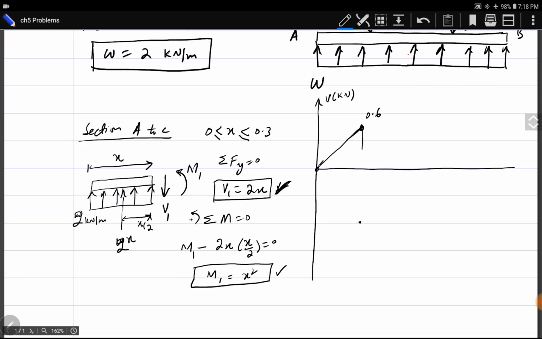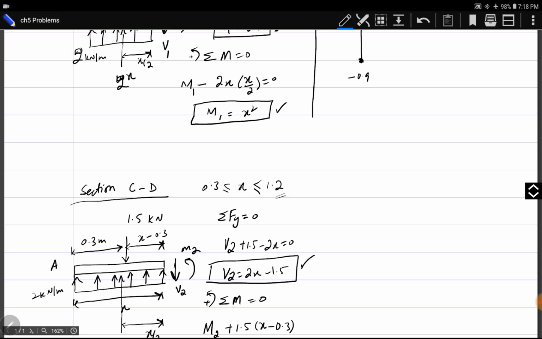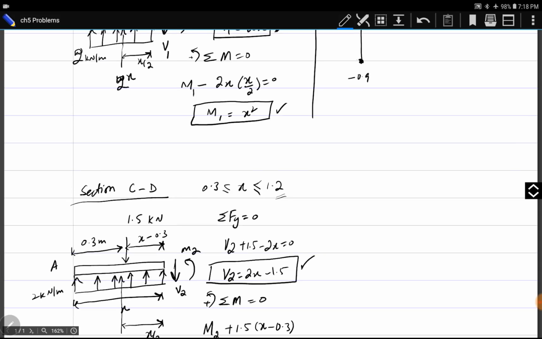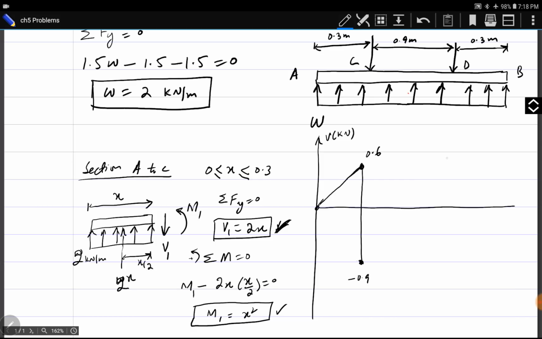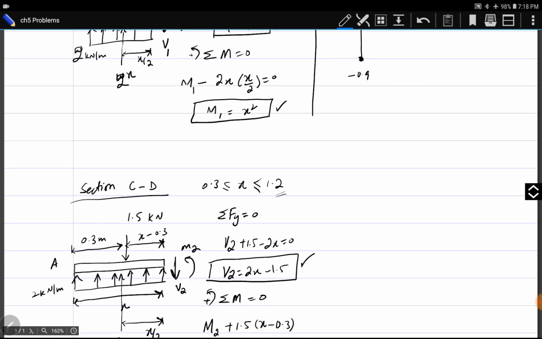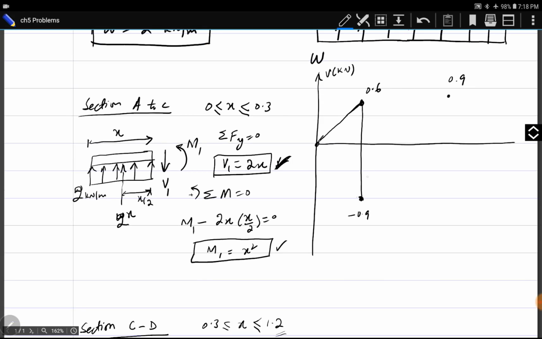So at point C we have two values of V. For each section we put two values of x in the expression, the starting value and the end value. By putting x equal to 1.2, V2 becomes 0.9 at point B. This is a linear expression, so it will be a straight line.